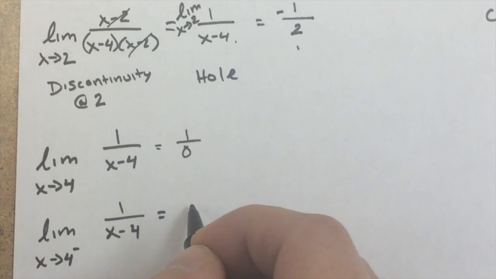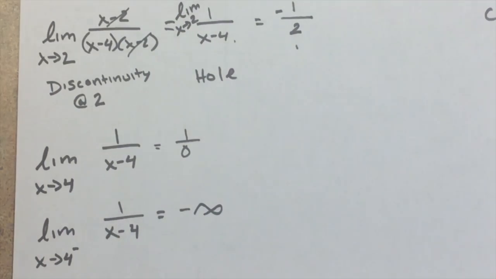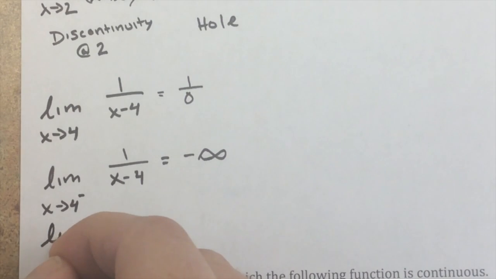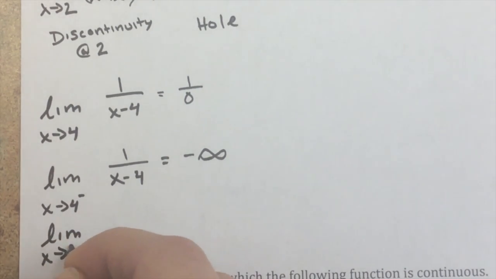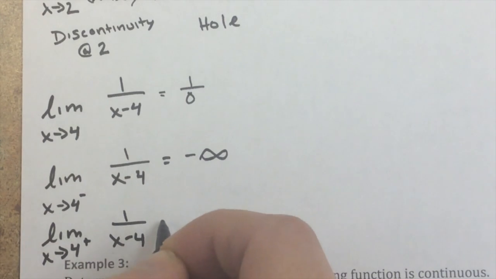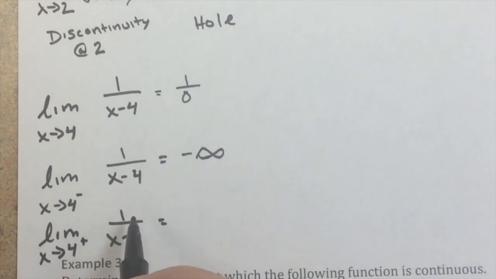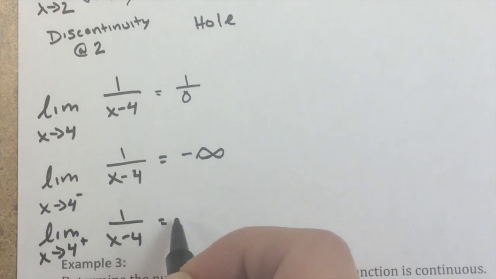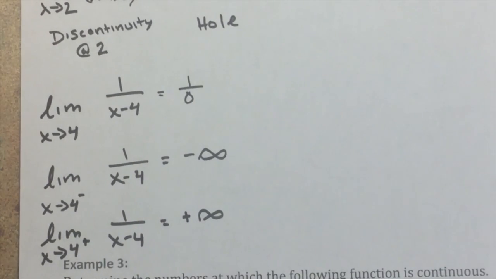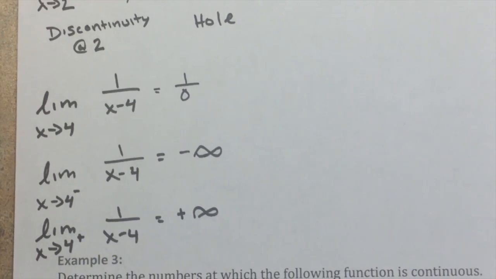So this is going towards negative infinity. Likewise, if we looked at the limit as x approaches 4 from the right of 1 over x minus 4, we're getting closer and closer to 4, but these numbers are positive. So that's getting closer and closer to positive infinity.